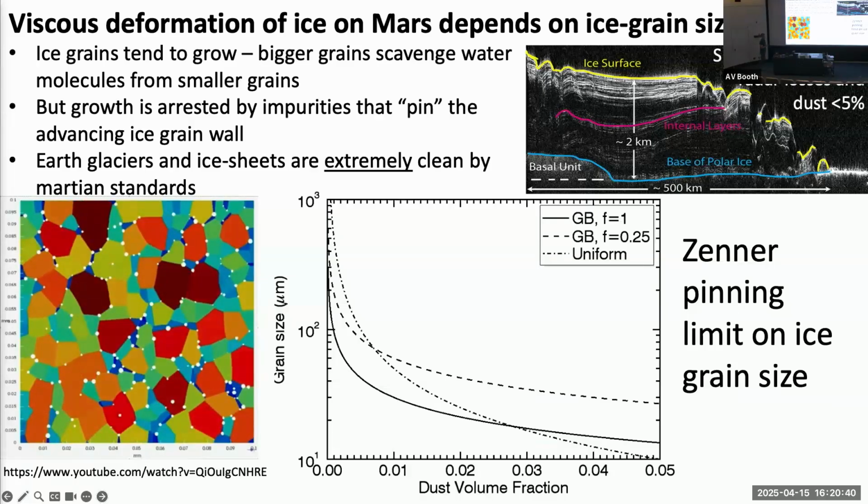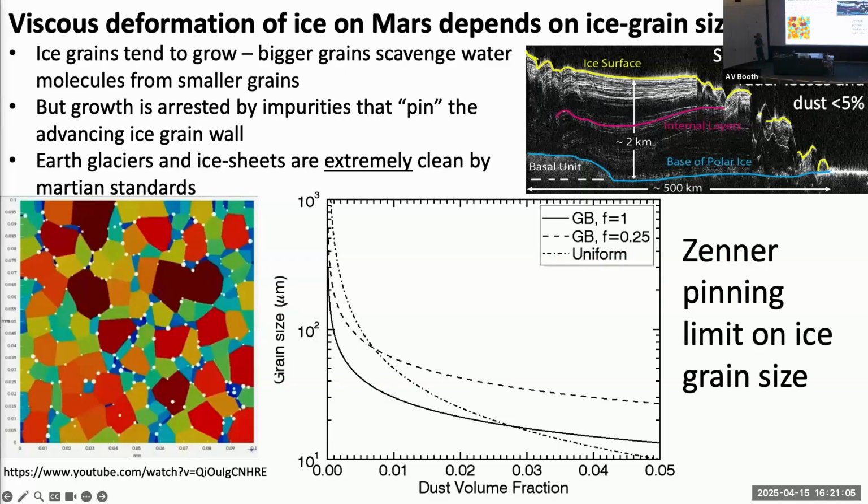So on Earth, ice grains grow steadily with time because larger ice grains can scavenge water molecules from smaller ice grains. All of these ice grains are constantly shedding and reacquiring water molecules while they're in this polycrystalline collection. Because of the different surface curvatures for large and small grains, large grains grow and small grains tend to not be as successful growing.